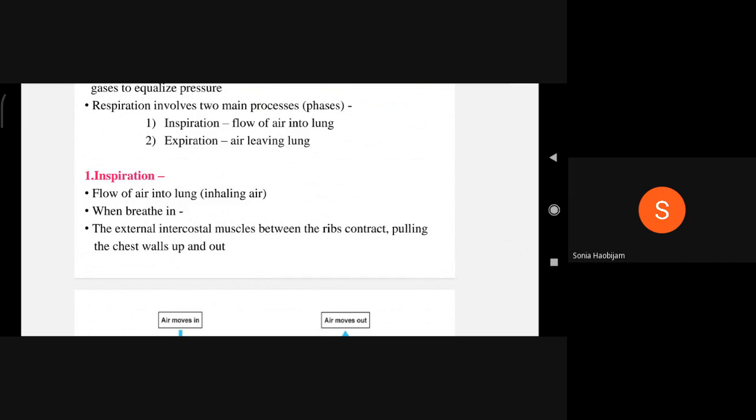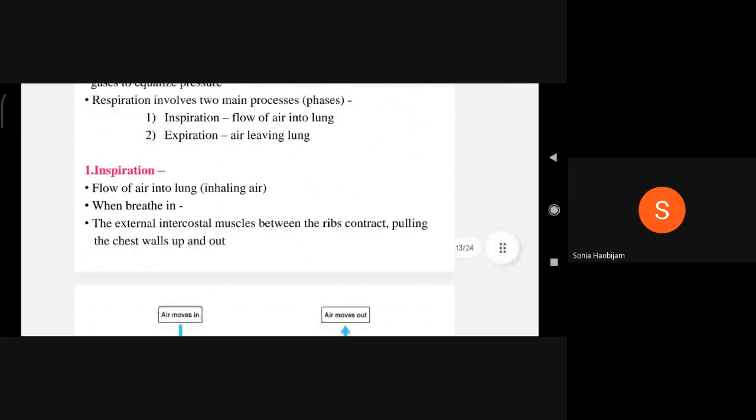Okay, so all these things are happening at the same time when we are breathing in. When we are inhaling, our external intercostal muscles are contracting, our chest wall is elevating, our sternocleidomastoid muscle is contracting, our diaphragm is contracting, and our abdomen is bulging out.